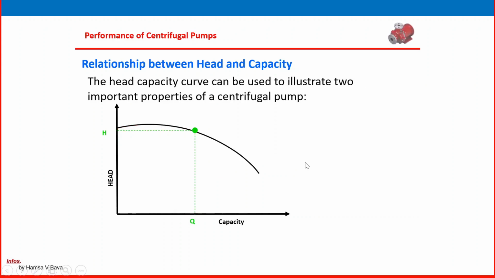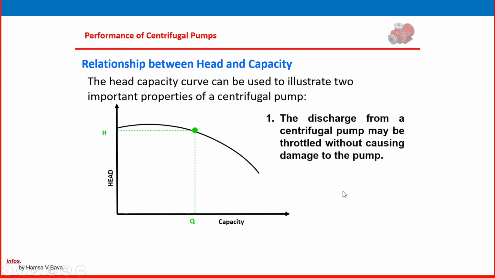The head capacity curve can be used to illustrate two important properties of a centrifugal pump. One is that the discharge from a centrifugal pump may be throttled without causing damage to the pump. The discharge of a centrifugal pump may be throttled, or we can close the flow discharge valve fully, without causing damage to the pump.